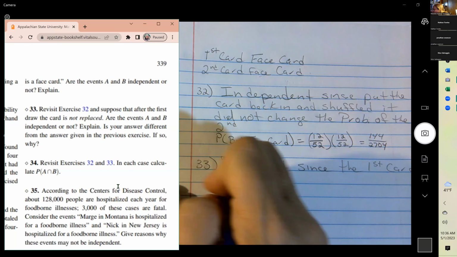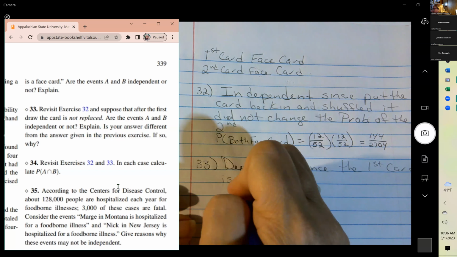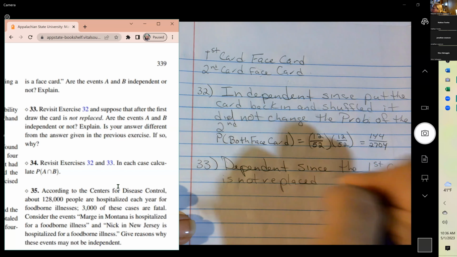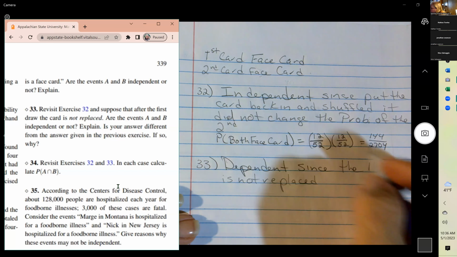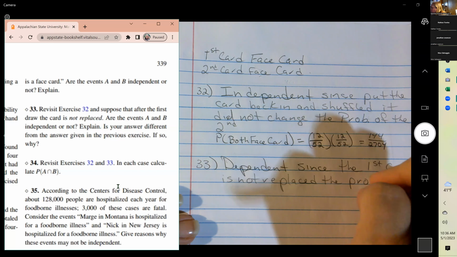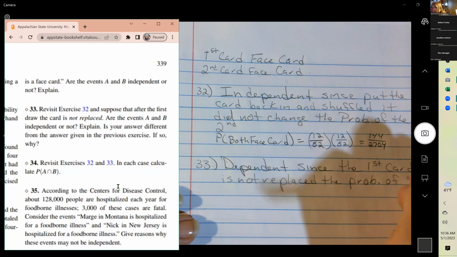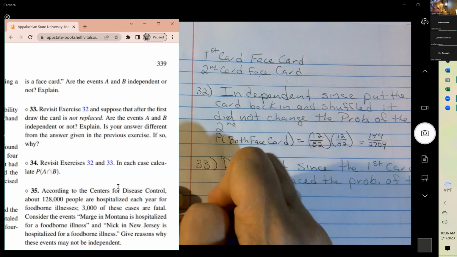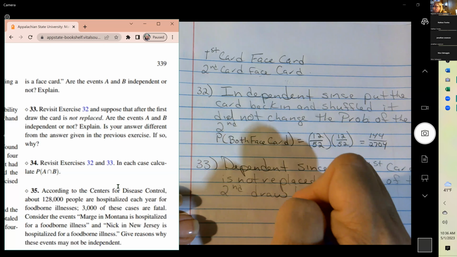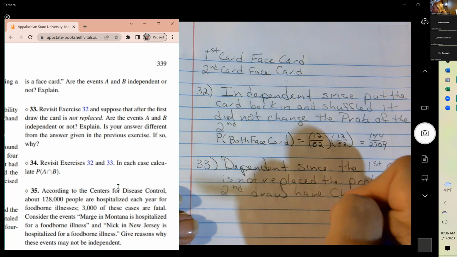Since the first card is not replaced, the probabilities of the second draw have changed.